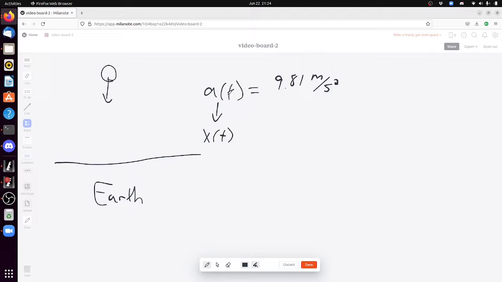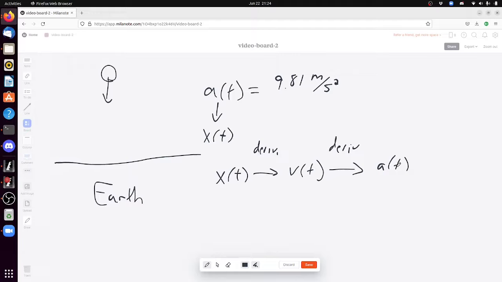So I want to start with the fact that we start with this distance, and then we said, okay, if you take the derivative, that'll get you to the velocity function. And if you take the derivative of that, that obviously gets you to the acceleration function.